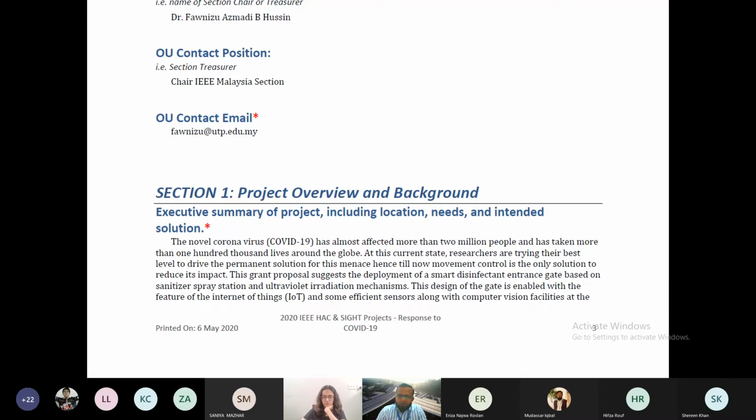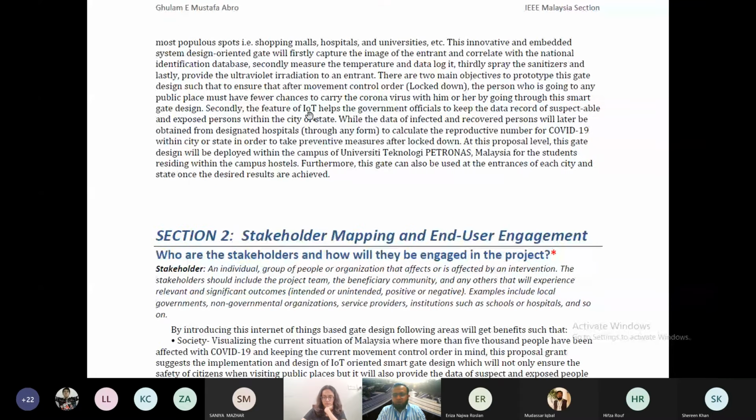This is where you have to mention all of the things, like how you calculate and what type of advantage you will get. This is the executive summary. This is not an abstract.